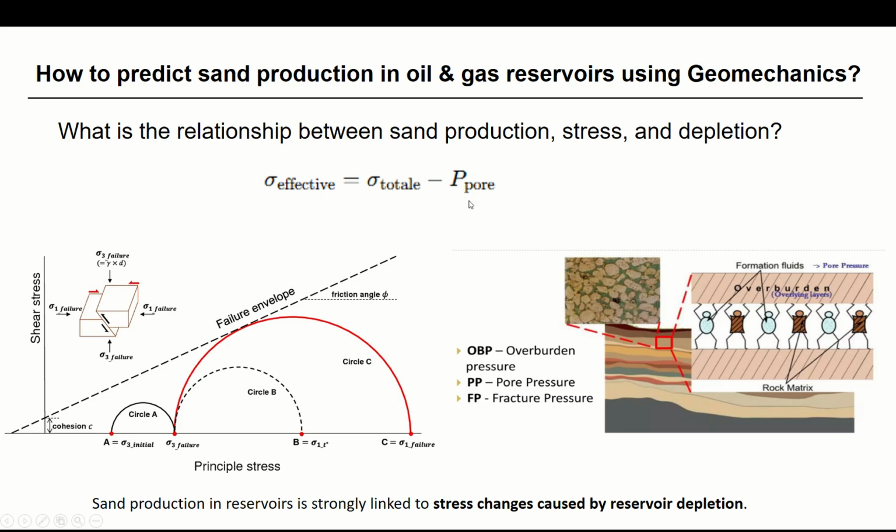When the pore pressure decreases, we will have a shift in our envelope and an increase in the effective stress. If this effective stress increases and exceeds the failure envelope, we will have sand production, which is equivalent to weak reservoirs.